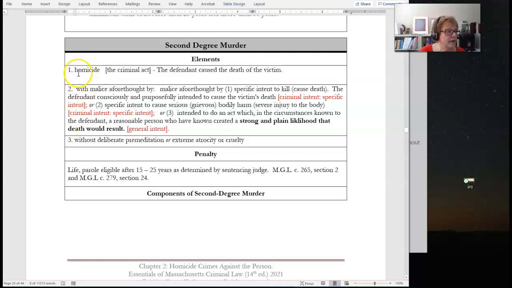If all the prosecution can prove is those two things, then that's all they need to prove to get a conviction of second-degree murder. There is no deliberate premeditation or extreme atrocity or cruelty required in second-degree murder.